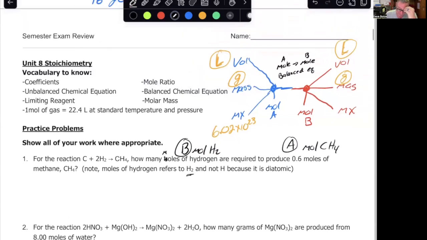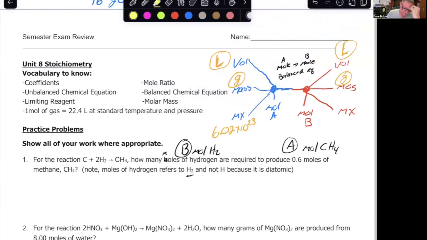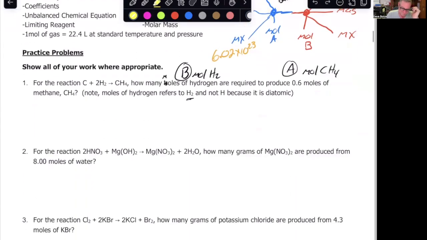So here, let's take a look. I don't need to worry about volume, mass, or molecules. I'm starting in moles of A, and I want to work my way to moles of B. So this is a very simple one-step question. So as always, start with your given measured quantity.